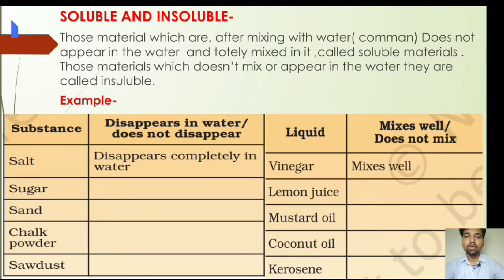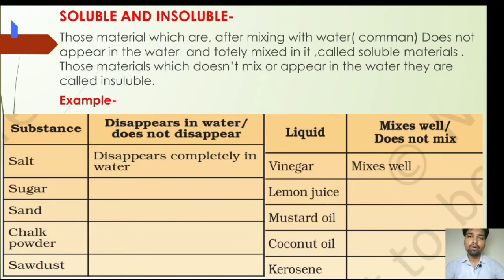mustard oil. Here a simple piece of information is that the density of mustard oil and the properties of mustard oil differ from the water. So mustard oil will float on the upper layer of water, but it will not mix with the water. The same thing happens with coconut oil, and the same thing happens with kerosene.